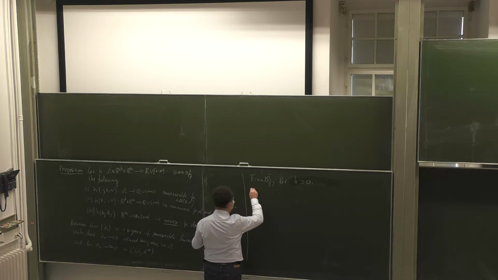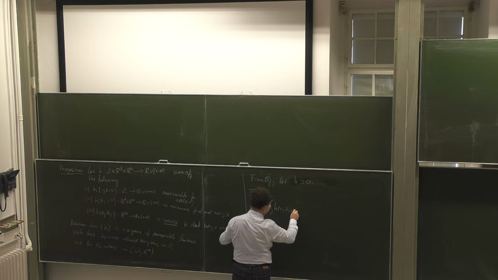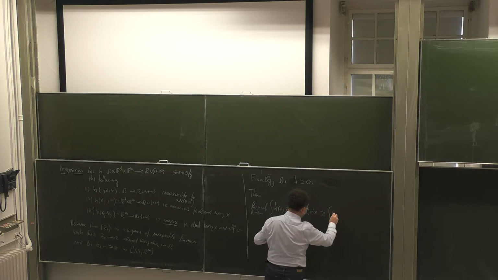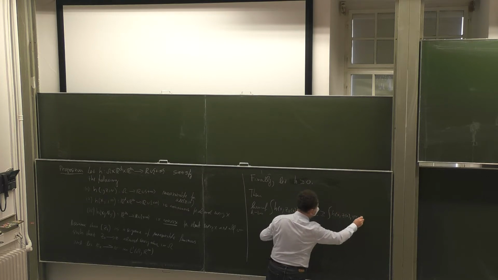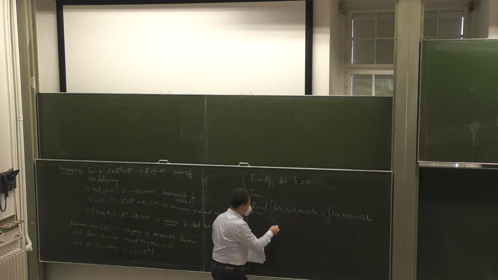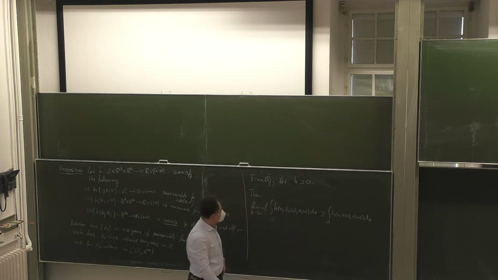Then the lim inf for k going to infinity of H(x, z_k(x), v_k(x)) is bigger or equal than H(x, z(x), v(x)). So if you call this a functional, then this is, again, a sequential weak lower semi-continuity result for the functional.